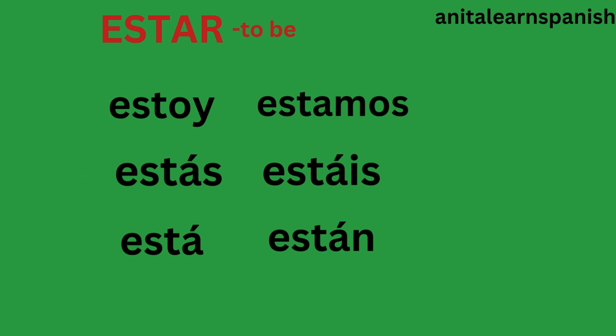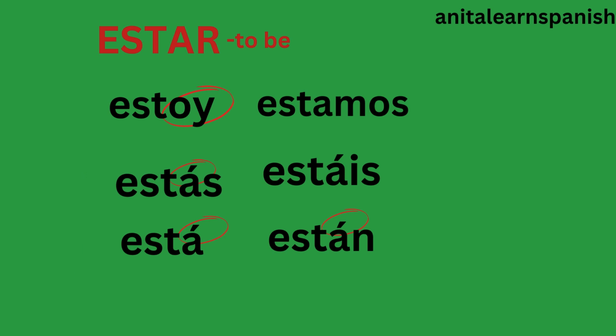This is where we have the differences in our endings. In the yo form, instead of having just an O, we have OY. In the bottom four forms, we have an accent mark over the A, whereas we always have an accent mark over the A in that vosotros form. This is something new, to have those accent marks in the other forms.